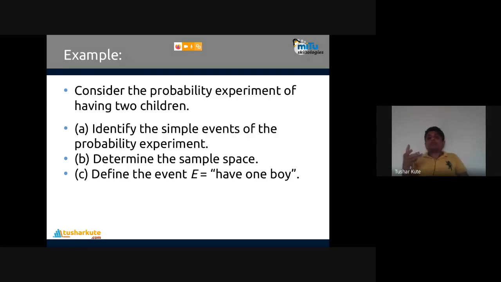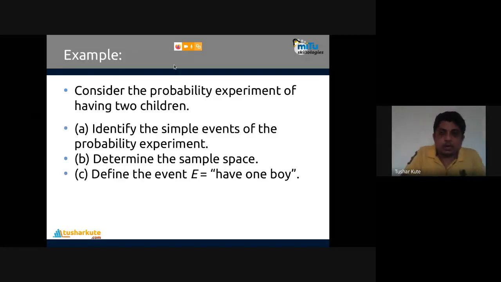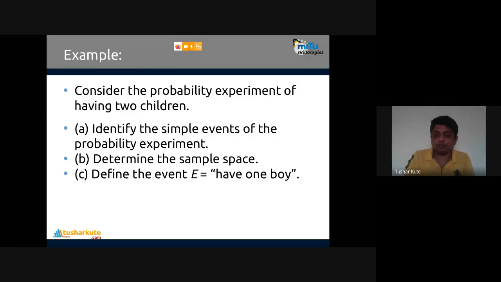What is the probability that out of these two children you will have a boy? In this case, I'm talking about E only. Event means the expected outcome: that out of two children, one of them is a boy.